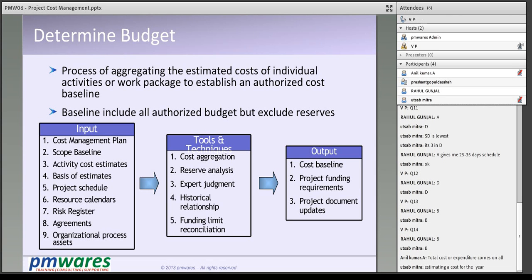Total cost or expenditure, come on all. Okay, estimating a cost of.